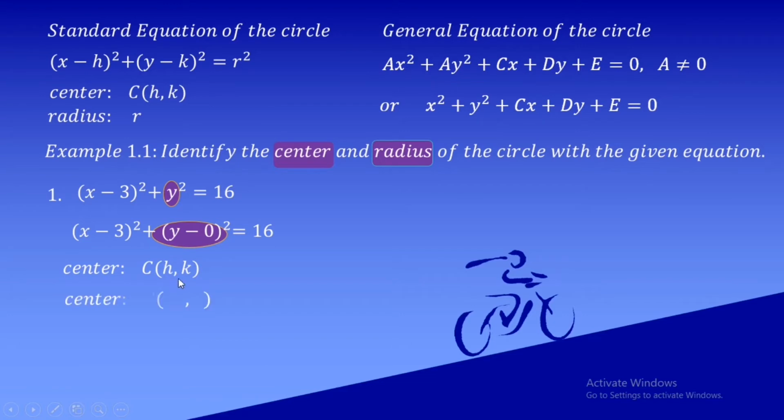Then we're going to find the center. Our h here is 3 and the k is 0. And for the radius r, r squared is equal to 16. So squaring both sides, r remains, and the square root of 16 is 4.